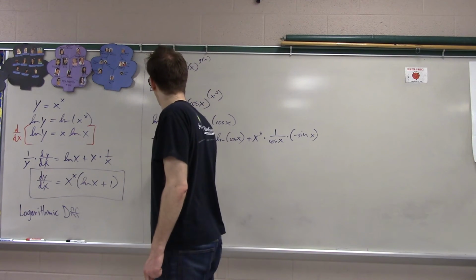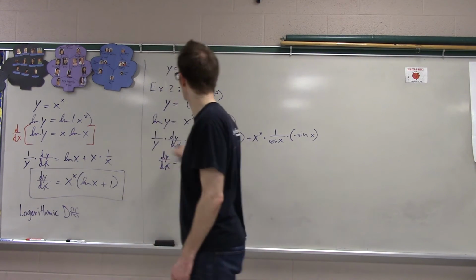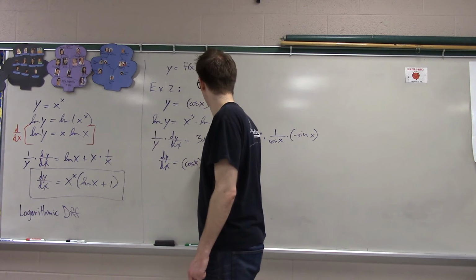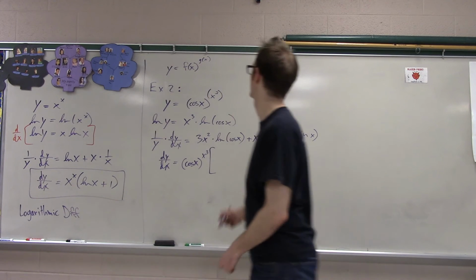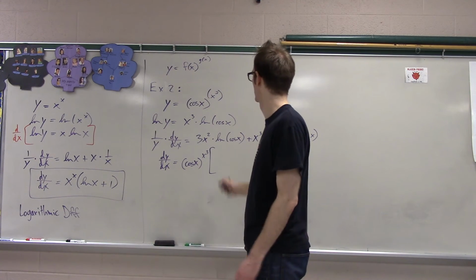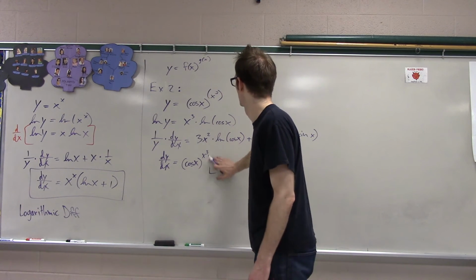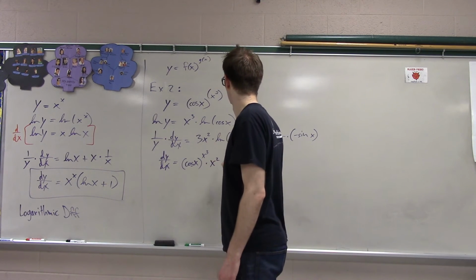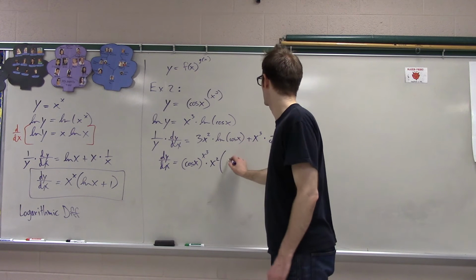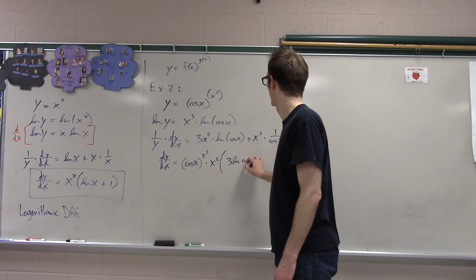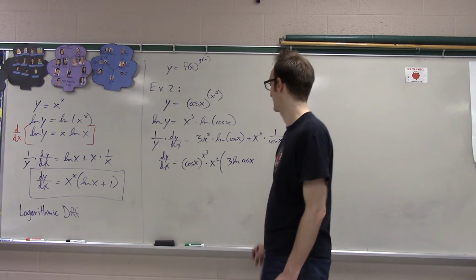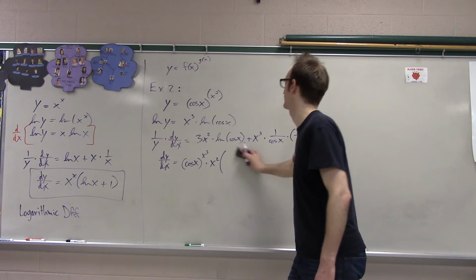Alright, so dy dx is just y, in other words, the original function, times this gross thing. Let's see. Can I factor anything out? You can factor out an x squared. So that's 3 ln cosine x. Or if you want to be kind of cool about it, you can pop up the 3.